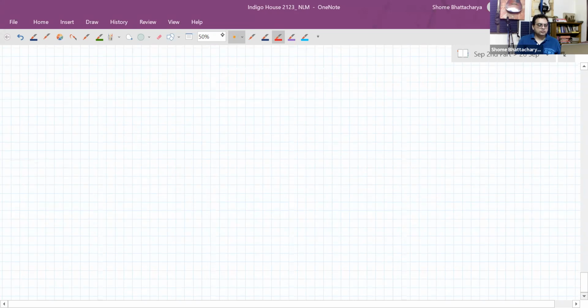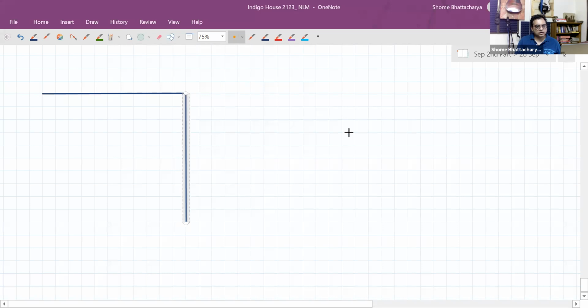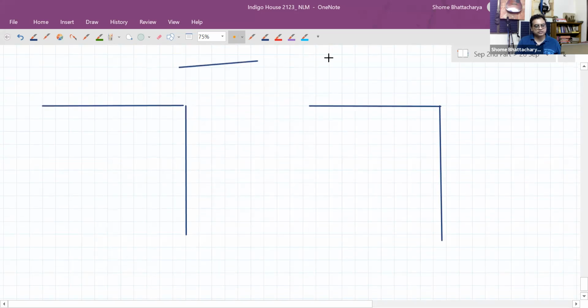Now this is something very important, so pay close attention. If we look at how the motion of the two objects progresses with time, we'll understand the type of constraint that is involved over here.